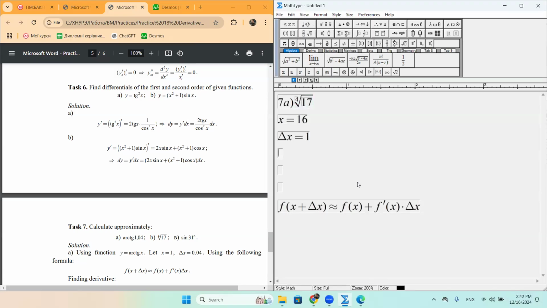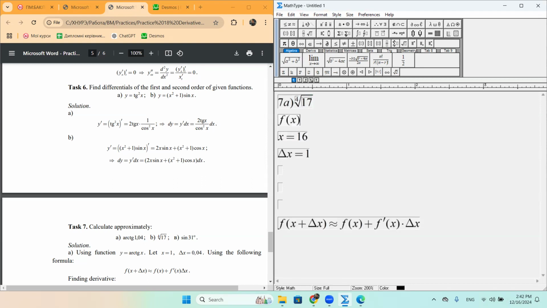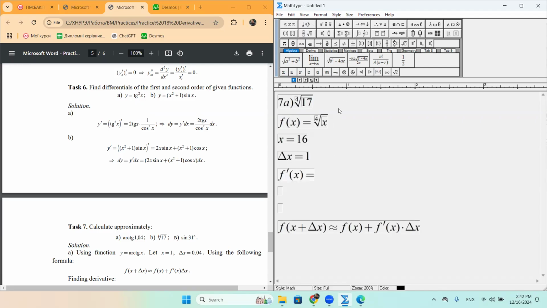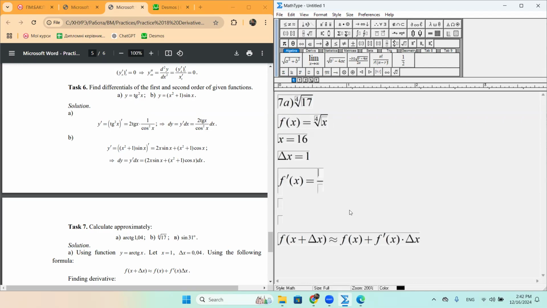Okay, and now calculating the derivative. By the way, f of x equals this expression, root of fourth power. Okay, now differentiating. So this is power 1 by 4.